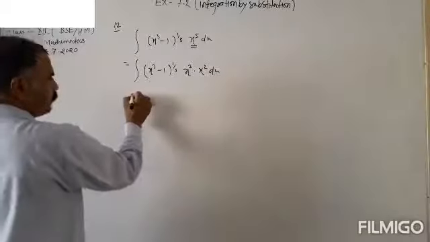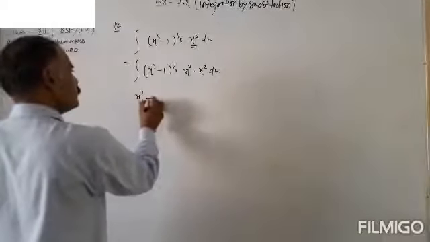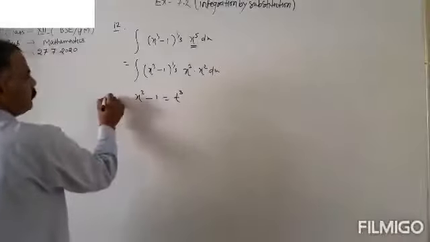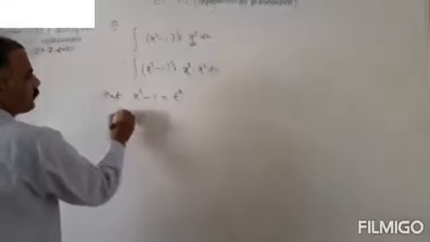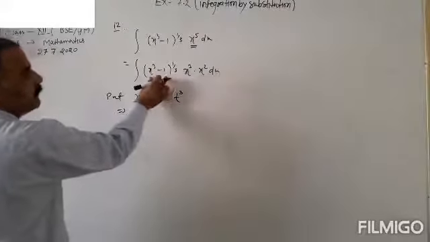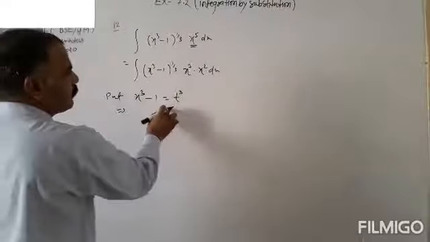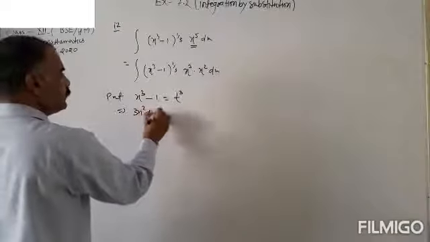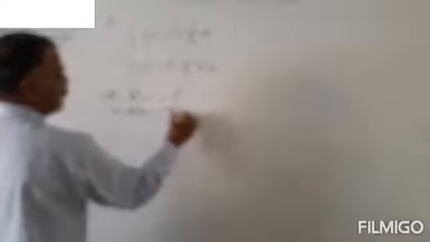Now let us put x cube minus 1 equals t to the power 3. Substitute, so x to the power 3 minus 1, the quantity within the bracket, is equal to t to the power 3. So 3x square dx is equal to 3t square dt.